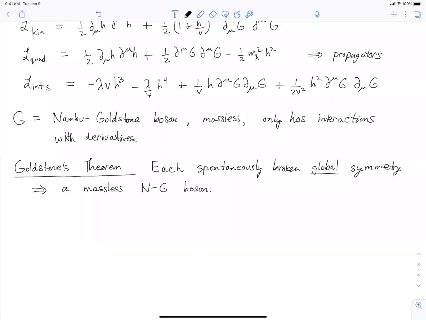Okay, so we're not going to prove the more general thing, but it's actually not even that hard, but it would take us a little while. All right, any questions on that so far and how Goldstone's theorem works for global symmetries?